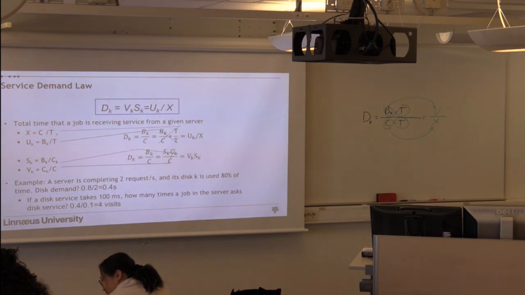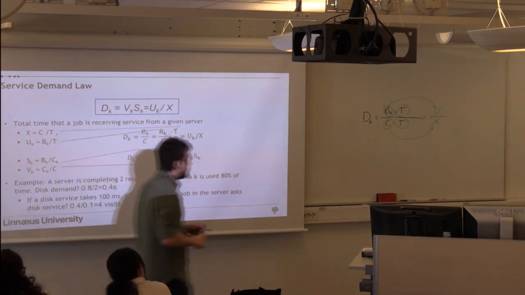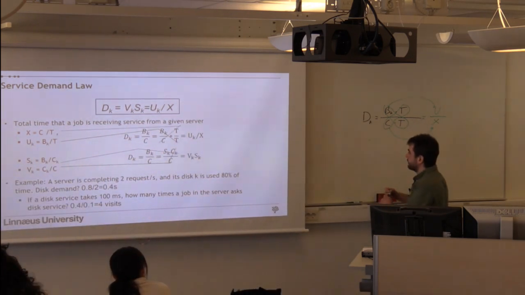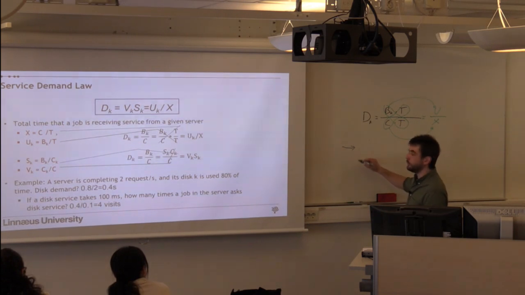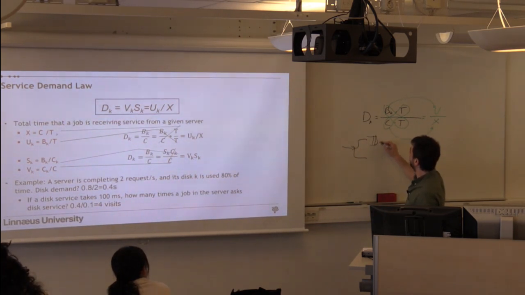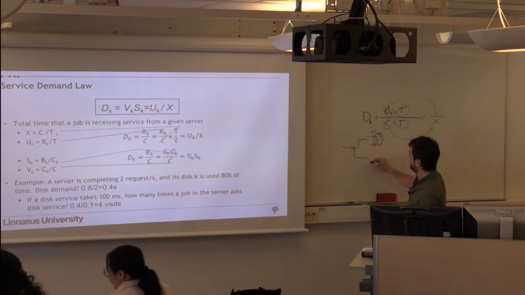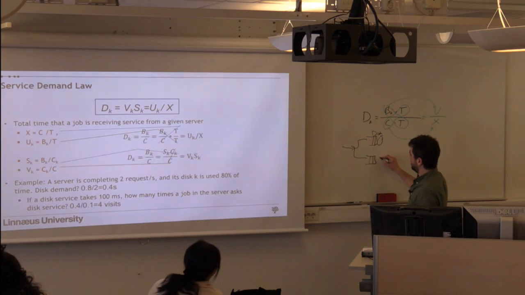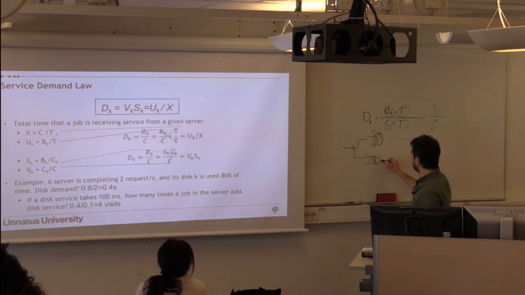So I'm going to answer the question as I understood it. You mean there are requests that come and may go to our disk, or they can do something else.